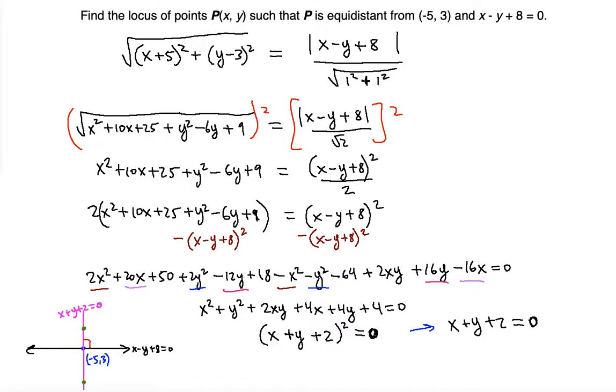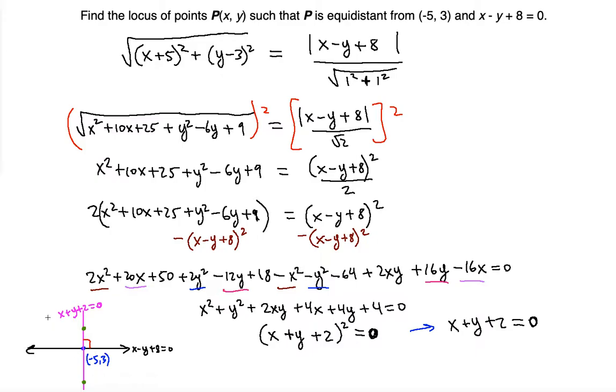Because look what happens if it's not perpendicular or doesn't go through this point. Choose any point on this line. It's not going to be equidistant from this point and from the line. It's going to be a different distance, and it has to be the same distance. So it cannot be not perpendicular, and it cannot not go through the point either. It must go through the point and be perpendicular.